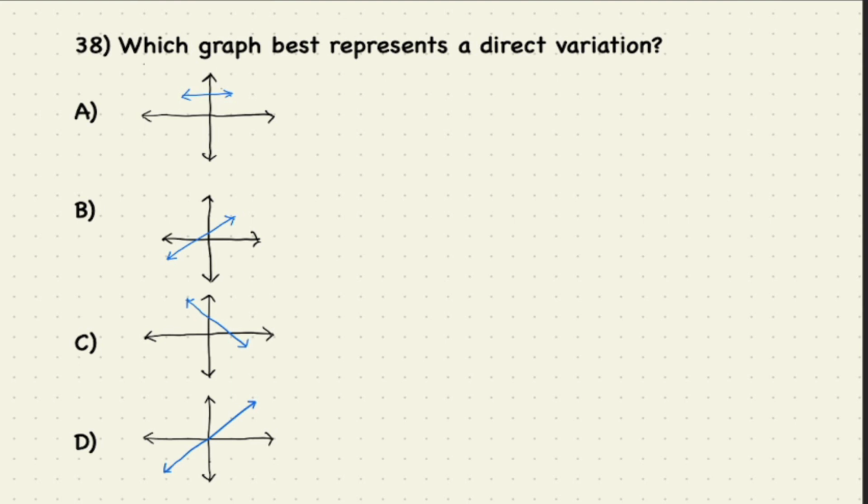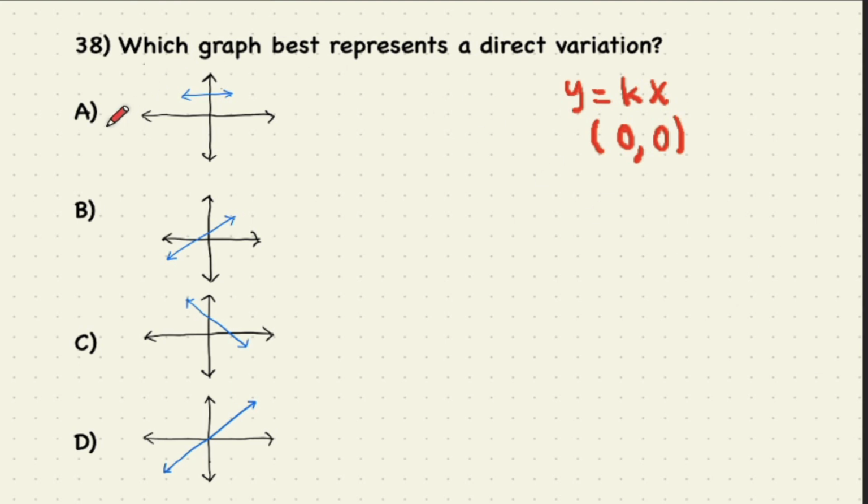Number 38. Which graph best represents a direct variation? So you know that direct variation is y equals kx. Okay, and this symbolizes that the graph goes through 0, 0. So which one of these graphs represents the direct variation, or which one crosses through 0, 0?